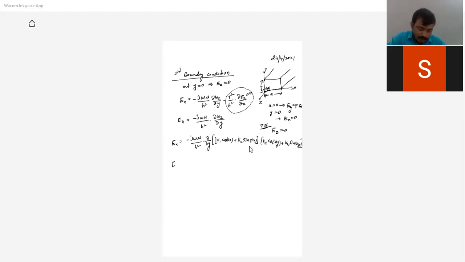Then you can simplify this. This is equal to minus j omega mu by h square. Here we take the derivative with respect to y.